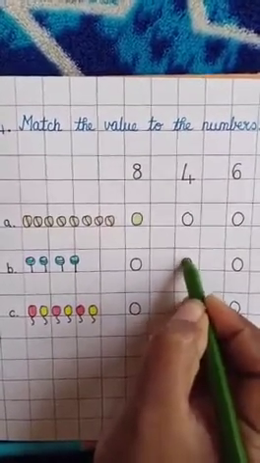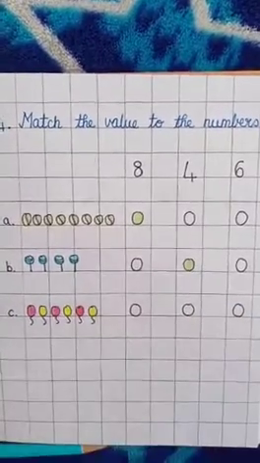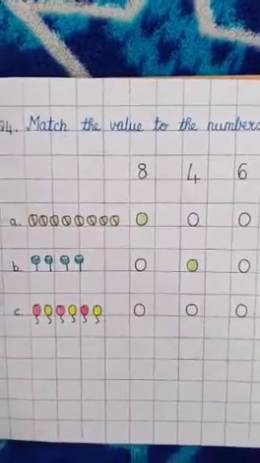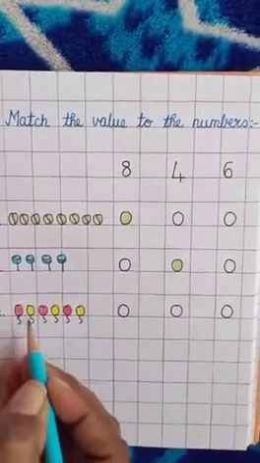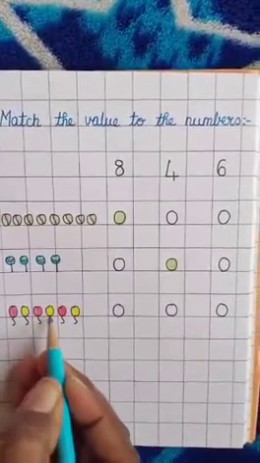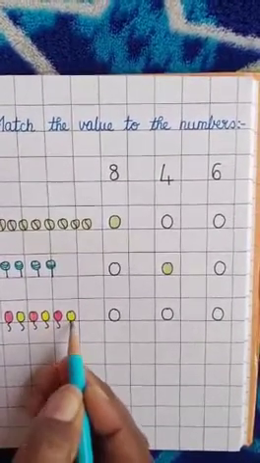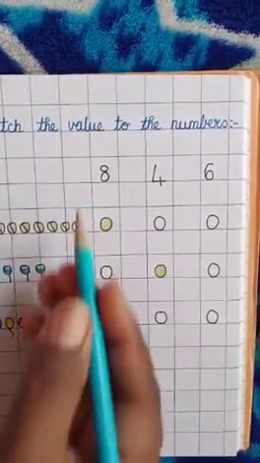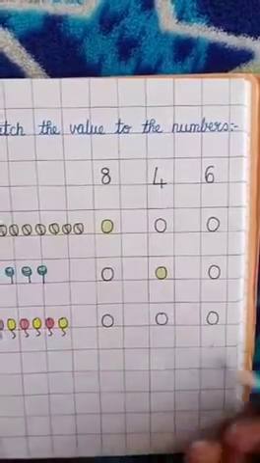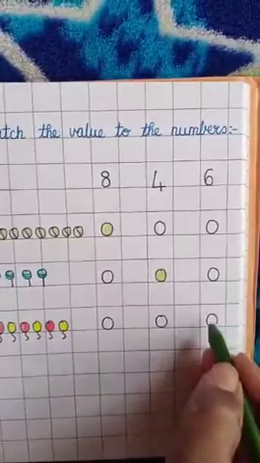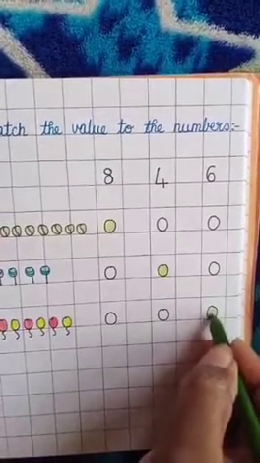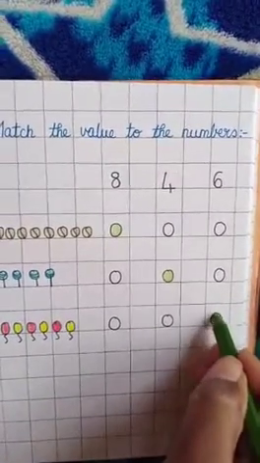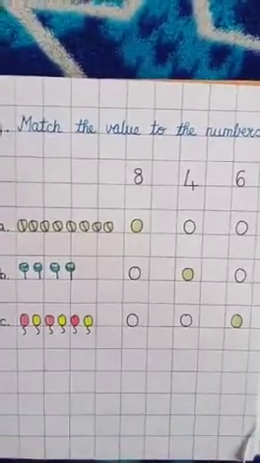So I'm going to click here or color here. Last set of balloons. 1, 2, 3, 4, 5, 6. Now my 6th column is here. So I'm going to click or color here.